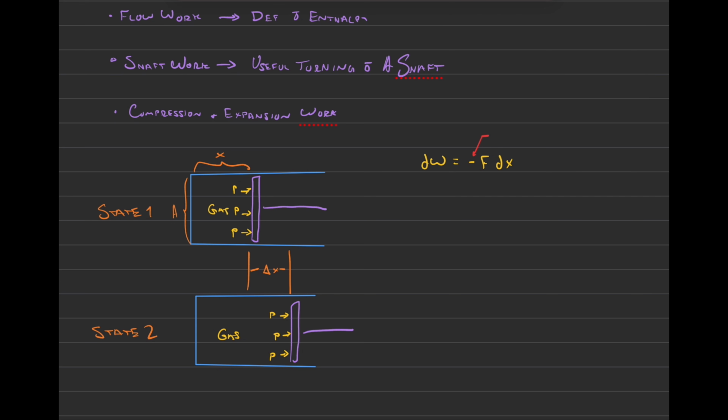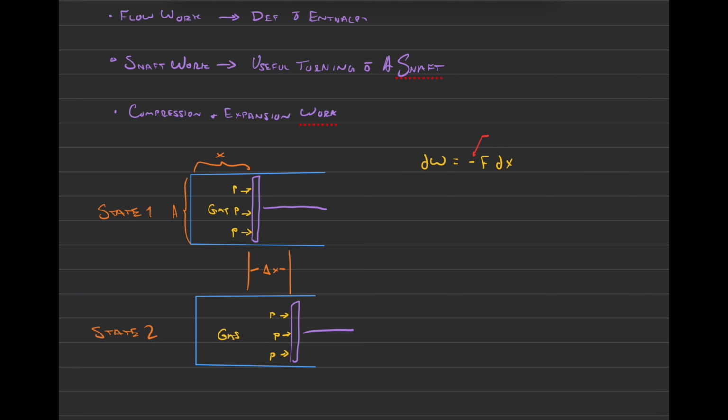So, in other words, if the distance that the piston moves is positive, so in other words, moving from state 1 to state 2, that distance x grows, so it gets bigger, the work done by the control volume is going to be negative.